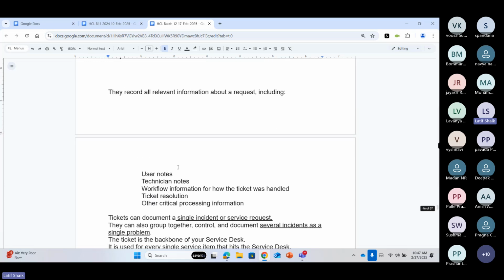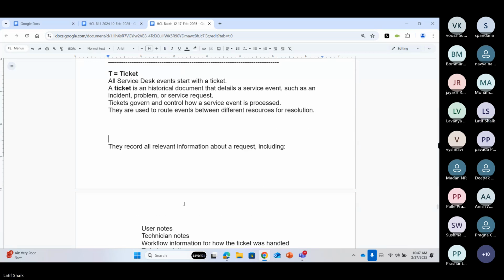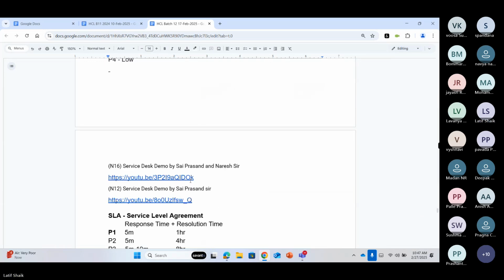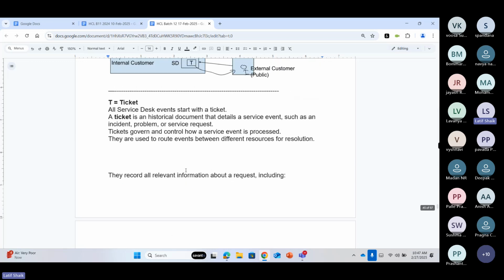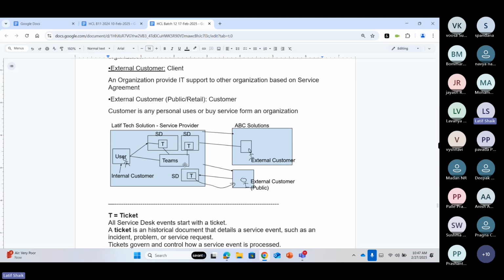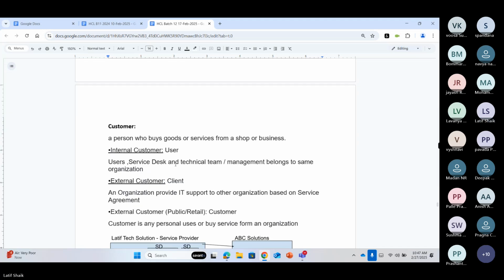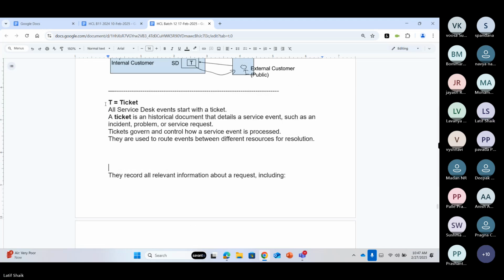Then what we discussed is the ticket. So what is a ticket? A ticket is a formal document which helps your organization, between the IT employees and the customer, internal or external.